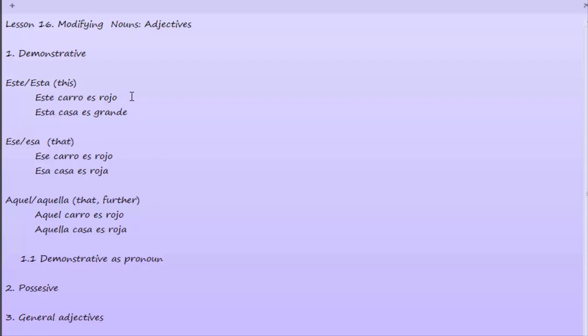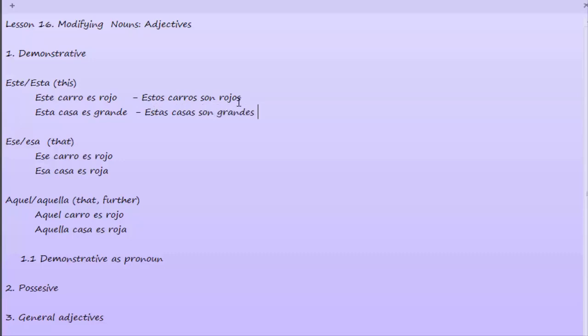The plural version would be estos carros son rojos. Remember, when we studied the verb to be, it has to change to match the number in the sentence. So we would end up with estos carros son rojos. We also would have to say estas casas son grandes.